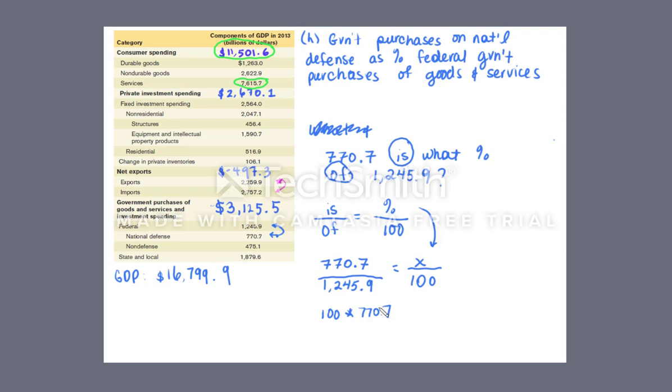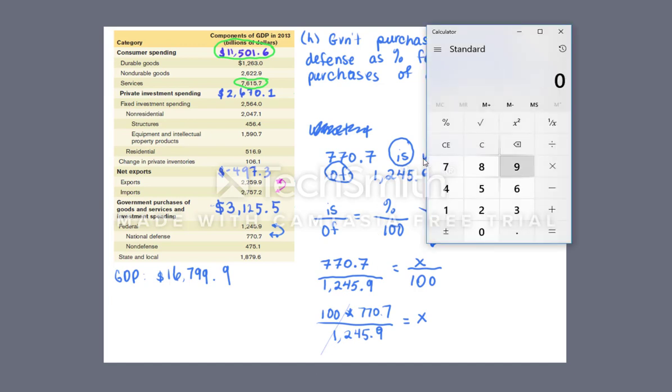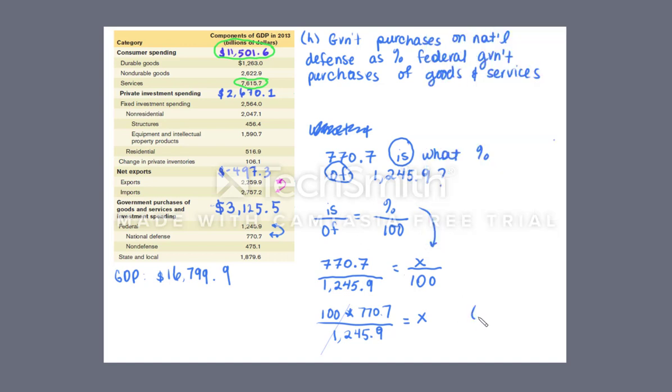So national defense is 61.9% of federal government purchases of goods and services. So between national defense and non-defense, national defense is slightly higher as a percent of federal purchases of goods and services than non-defense purchases.